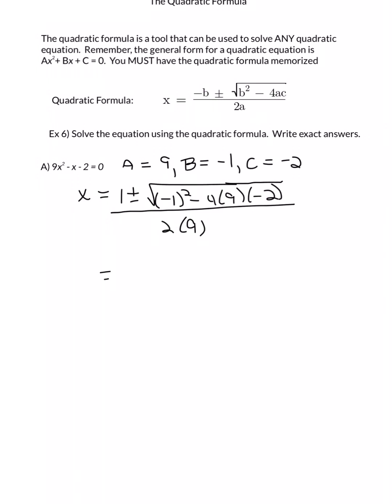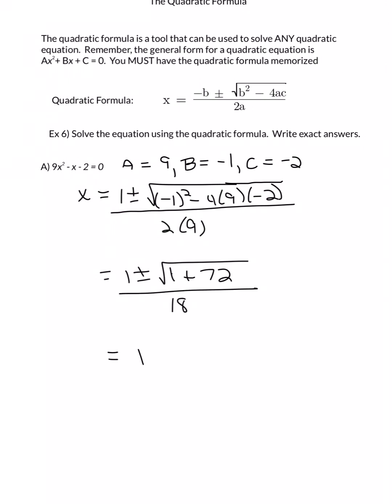If we work that arithmetic, we will have 1 plus or minus the square root of, in the square root, 1 plus 4 times 9 is 36 times negative 2 gives me positive 72, all of that over 18.